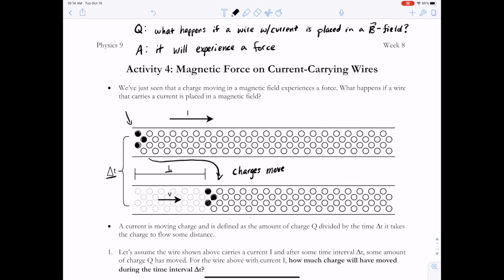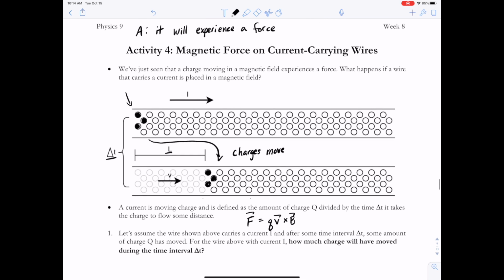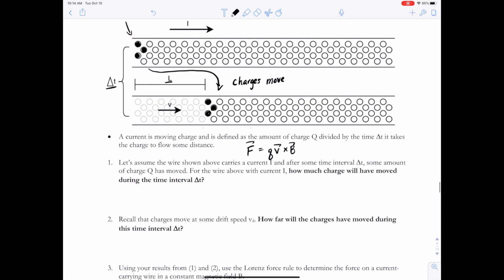So now we know from before that the force on an individual charge is given by the Lorentz force equation, QV cross B. And our task now is to see if we can modify this equation to describe a current in a wire placed in a magnetic field.